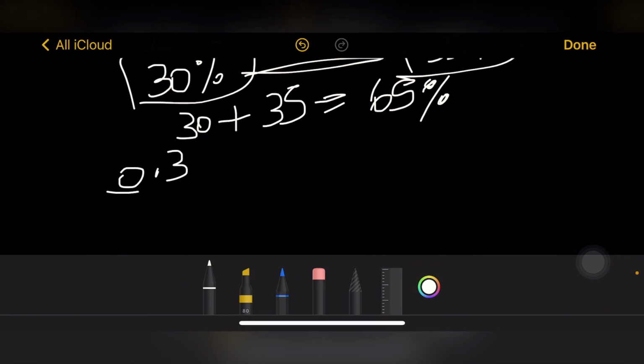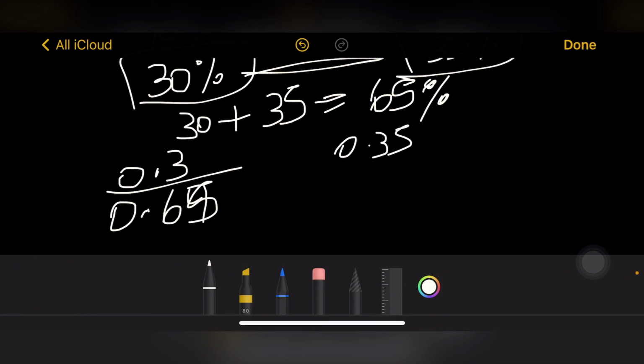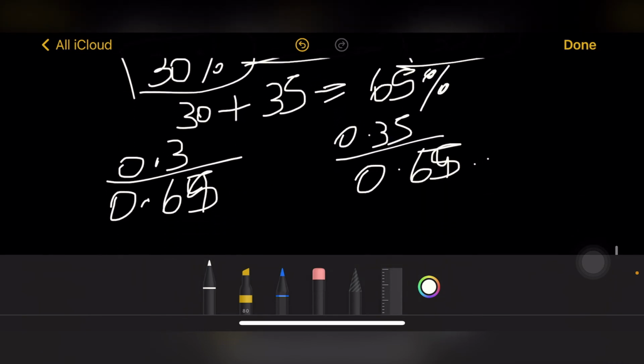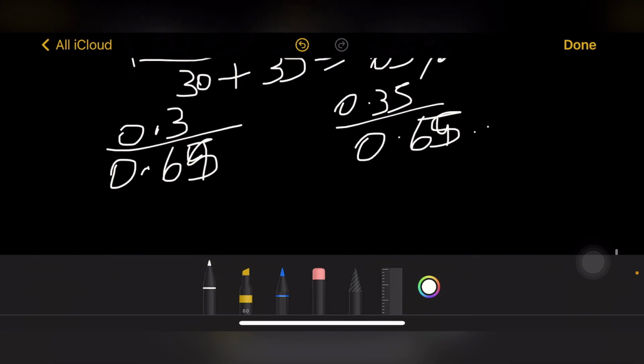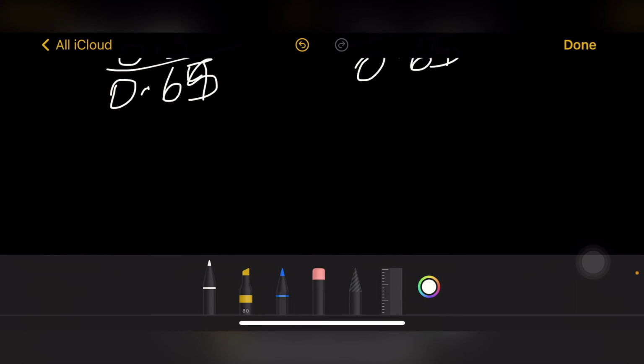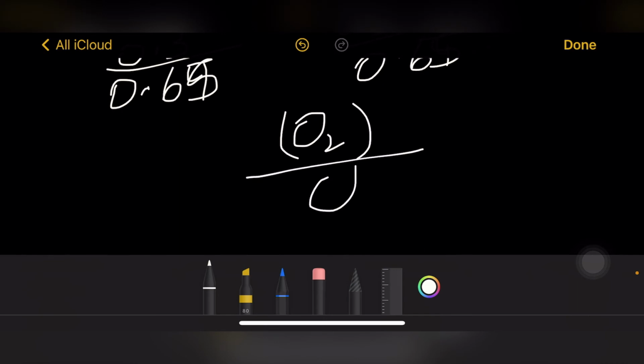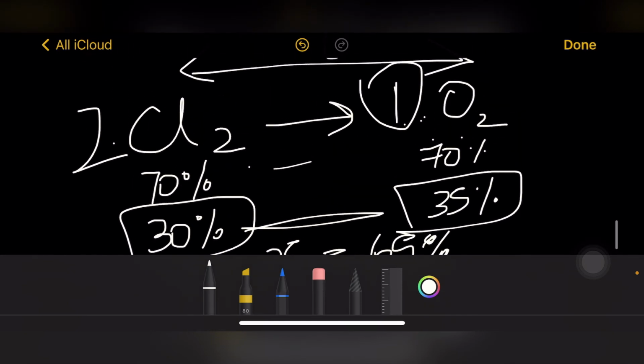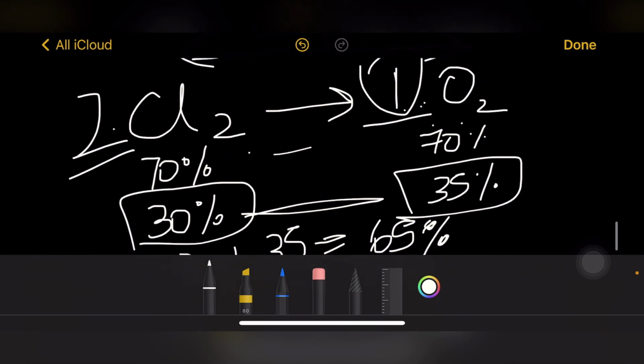0.3 over 0.65 and 0.35 over 0.655. Now whatever the answer comes, you're going to write it in the equation with O2 and Cl2 squared, because over here it's 1 and over here it's 2.